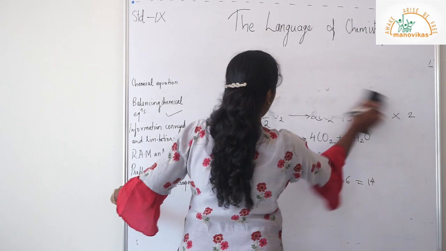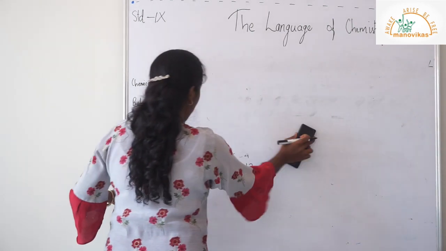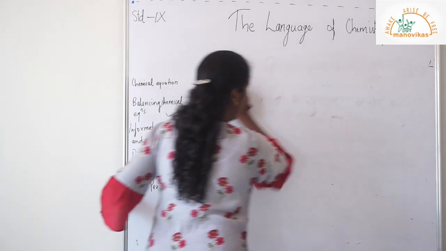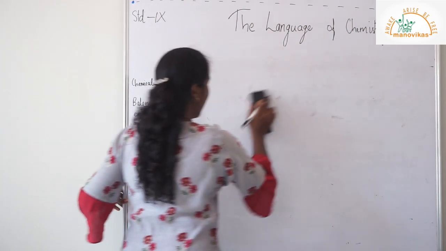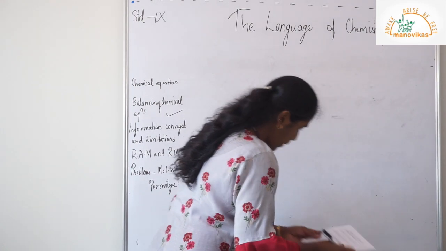Now, we will take the other example. You will be given the name of the compound and you have to write the formula and then you have to balance the equation. So I will give you all some examples.